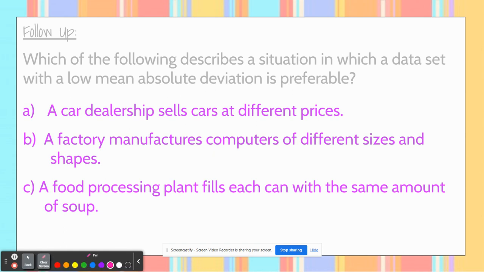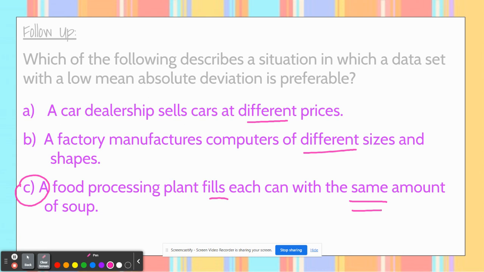Well, you want the data to be close to each other because you want consistency. You're not going to have consistency when you have different cars at different prices. You're also not going to have consistency at a manufacturer that has different size computers. And you want each can that's filled with the same amount to be consistent.